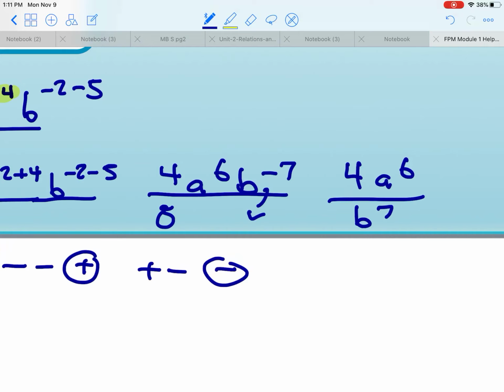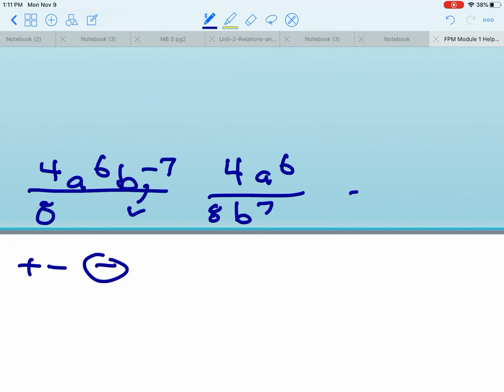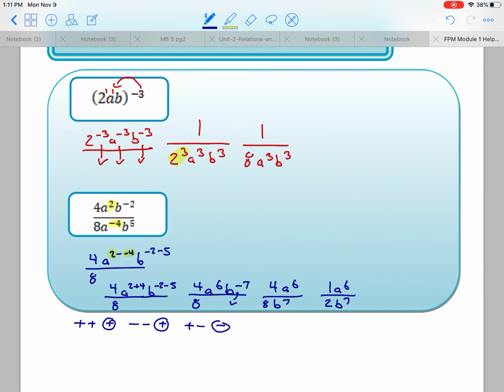So I get 4a6 over 8b7, and then I can reduce the numbers. 4 over 8 can divide by 4 on both. So 4 divided by 4 is 1a6, and then 8 divided by 4 is 2b7. And you don't need the 1 there, but if you want to put it there, there's nothing wrong.